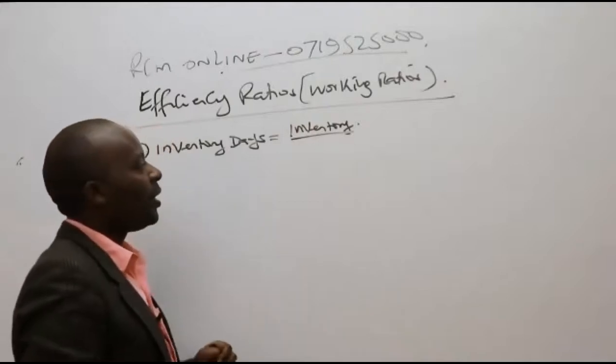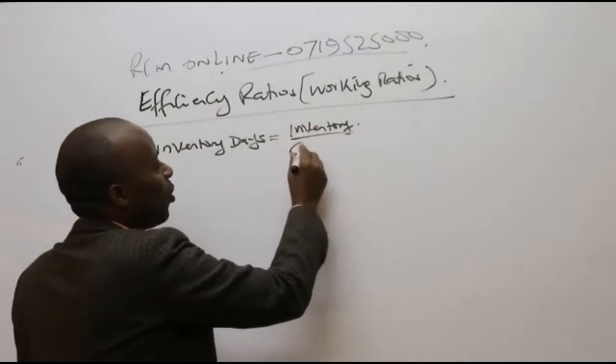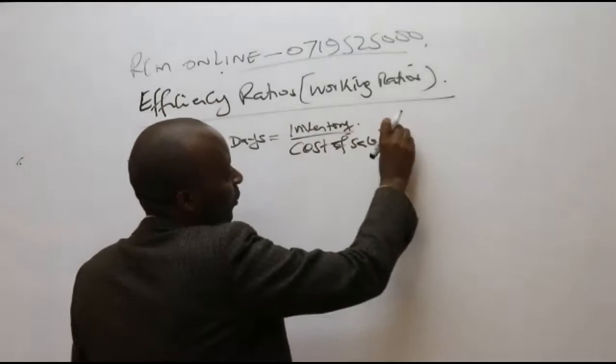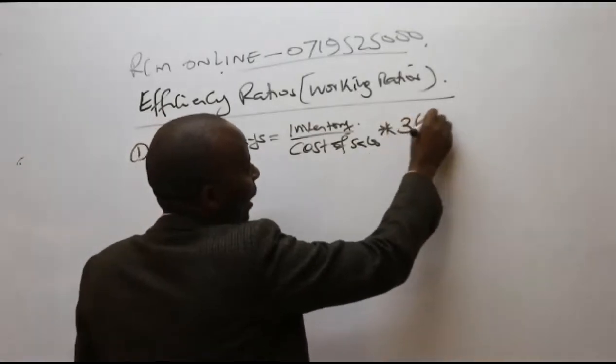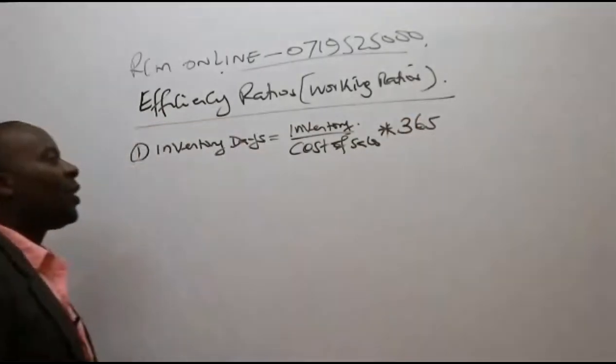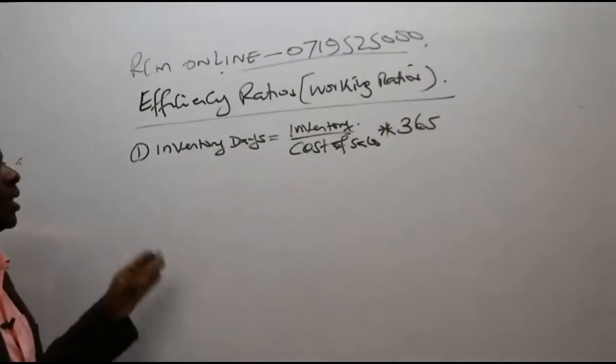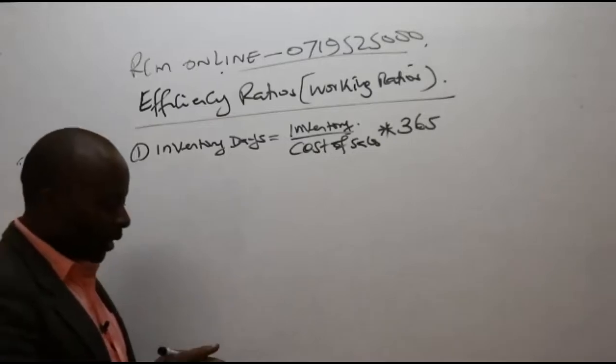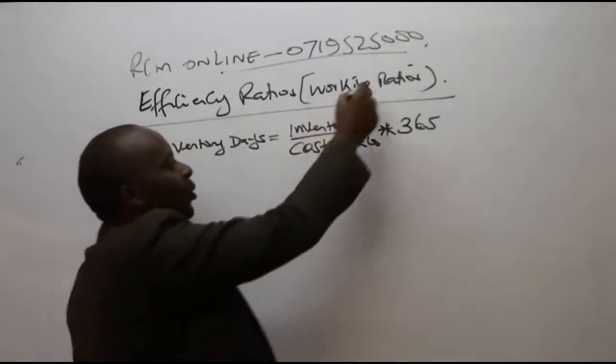So inventory is normally found under cost of sales, times 365. Don't multiply with 100. This is quite a very good efficiency ratio, or a working capital ratio.